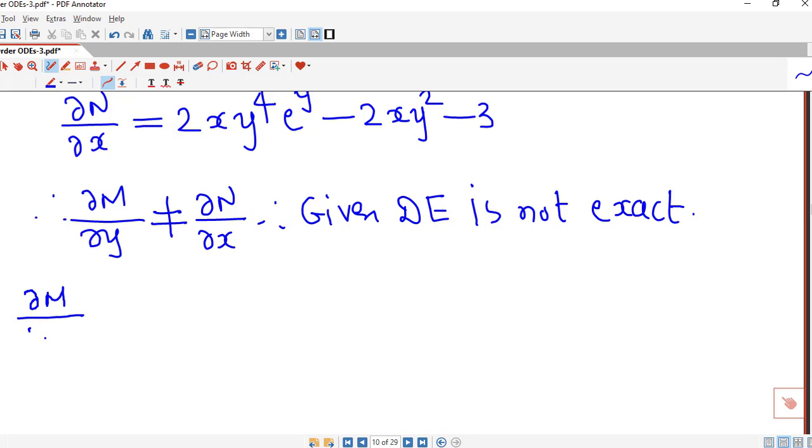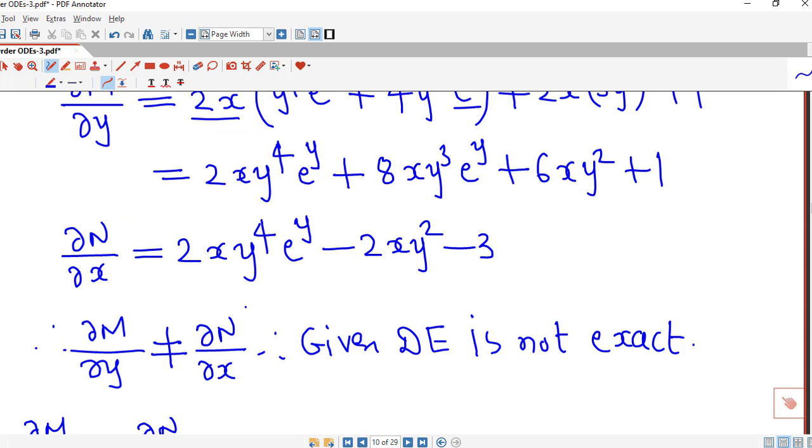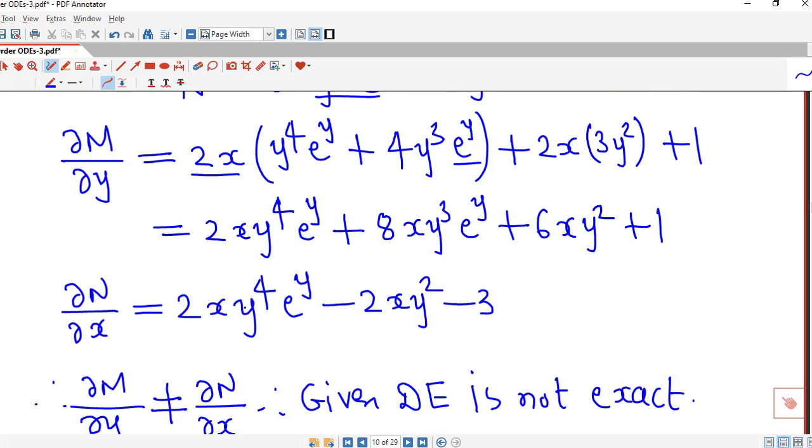Before that, we find the difference of del M by del y and del N by del x. If we subtract this quantity from this quantity, we can see 2x y raised to 4 e raised to y will cancel out, and 8x y cube e raised to y will remain.